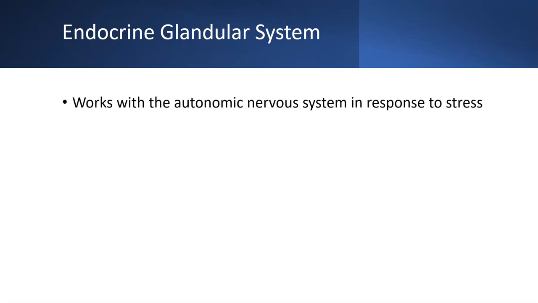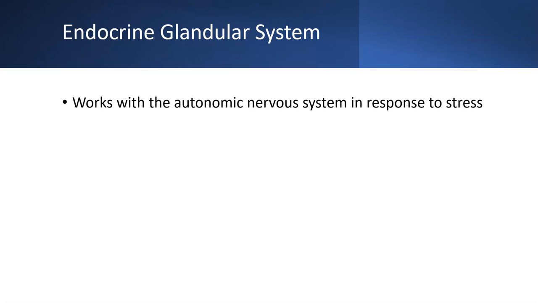In the endocrine system, which involves a lot of different anatomical organs, glands, like the pituitary gland, the thyroid gland, and so on, it works within the autonomic nervous system. In addition to performing a whole bunch of other functions, it also is a part of how we respond to stress.